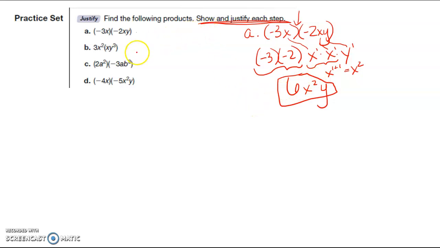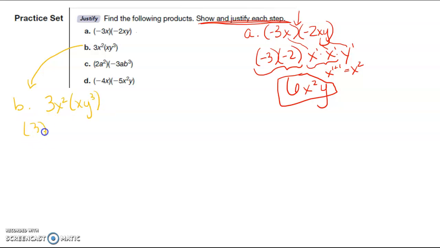Keep in mind, we're not solving. We can't solve any of this because they haven't told us what x and y are. We are merely simplifying. So let me change my ink color, and here is b. I have 3x squared times xy to the 3.